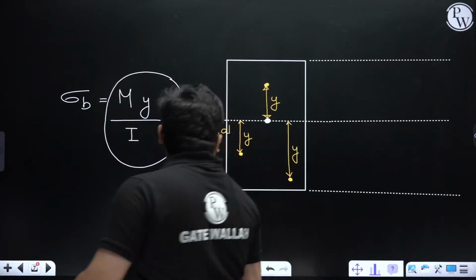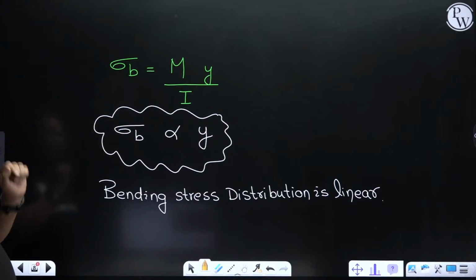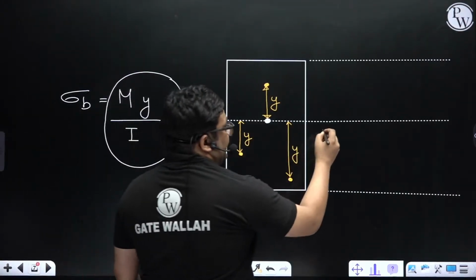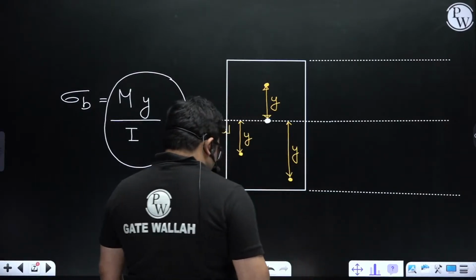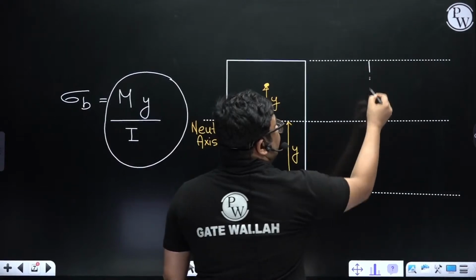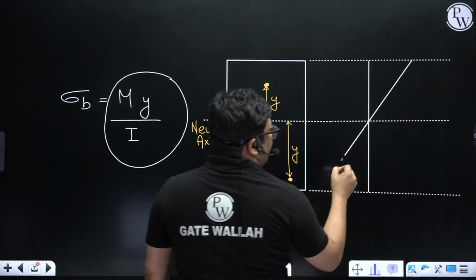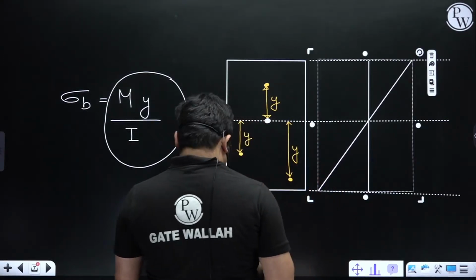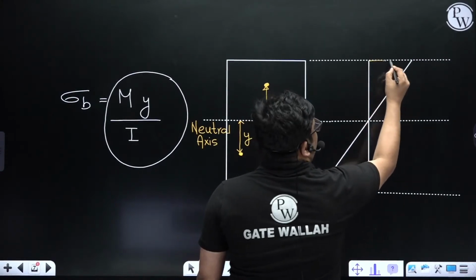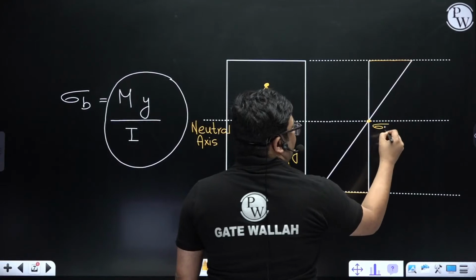If y is 0, then bending stress is also 0. And as you increase the y, the bending stress will increase, and therefore I will get a linear distribution like this, right? At the neutral axis, bending stress is 0.